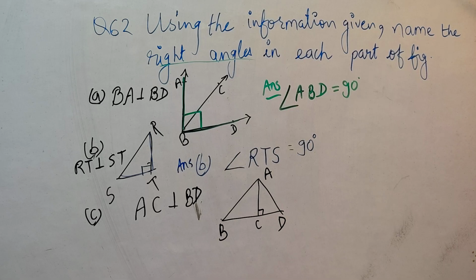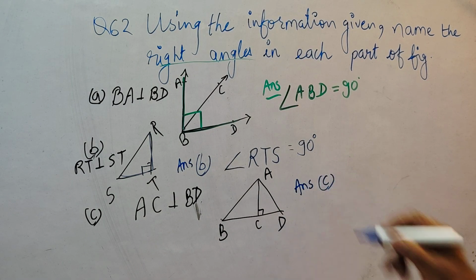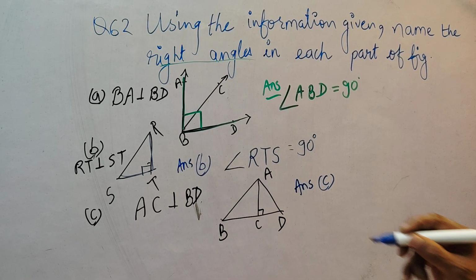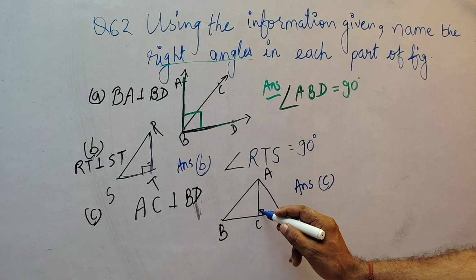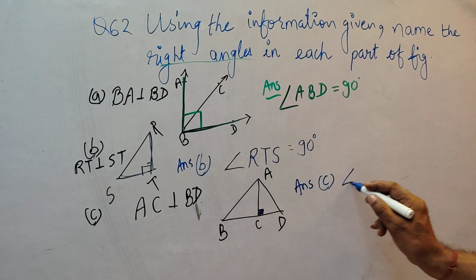The first one, this sign is 90 degrees. This sign is a right angle. So its name is angle ACD.